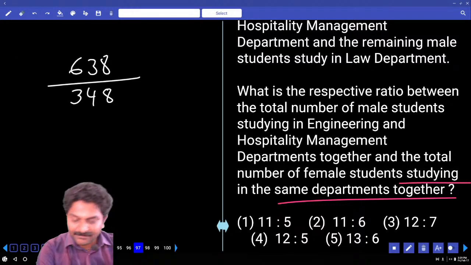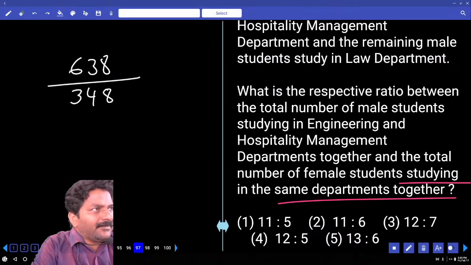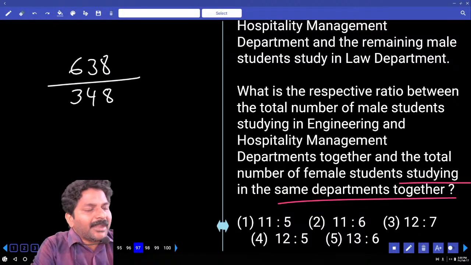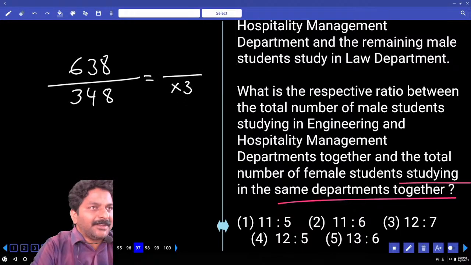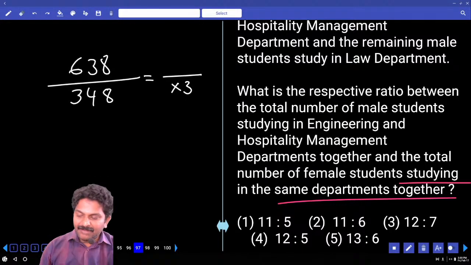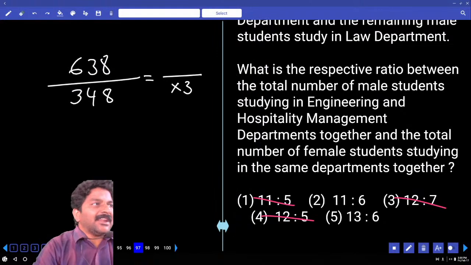Correct? So now when you look at this, your denominator is a multiple of 3. Is your numerator a multiple of 3? Tell me. Then your second number must also be a multiple of 3 in the final answer. Can it be first? Second? Third? Fourth? Fifth? Okay.